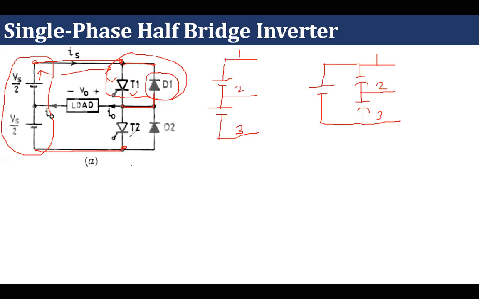And we have to do the same thing with the second one, that is, T2 will be connected in anti-parallel with a diode, and that is another semiconductor device combination. And at the center, the load will be connected. So these are the two centers between which this load has been connected.